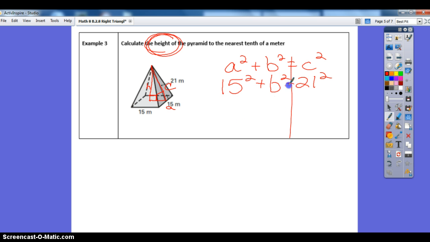All right, 15 squared. Can I keep going on here? Are we good?